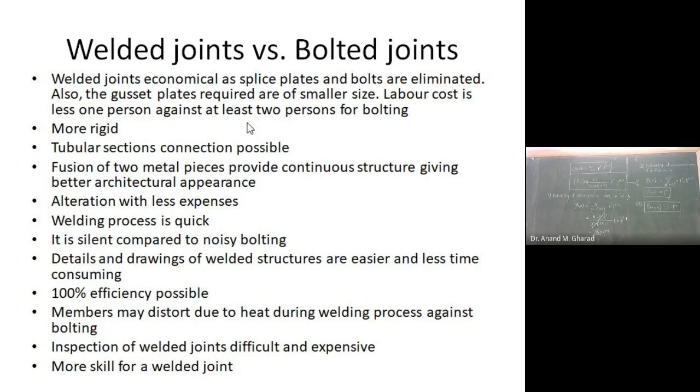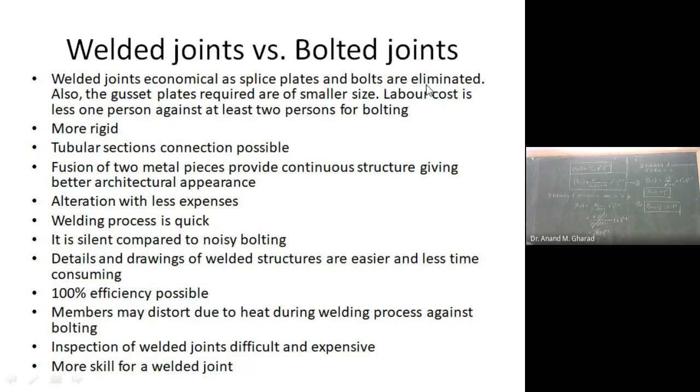You are supposed to compare, you are supposed to understand your requirements, and based on the requirements you are supposed to provide or adopt that thing, isn't it? The same kind of thing should be done, and that is done over here. Welded joints are economical as these splice plates and bolts are eliminated.